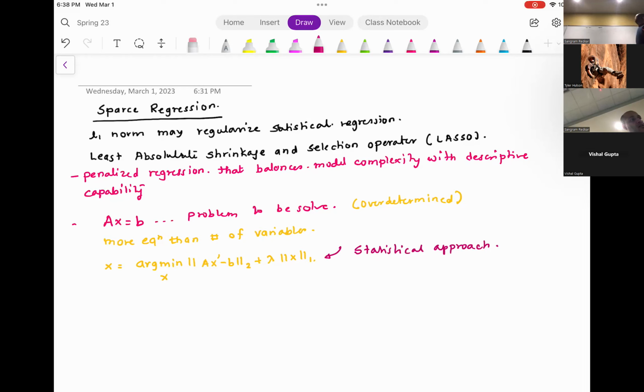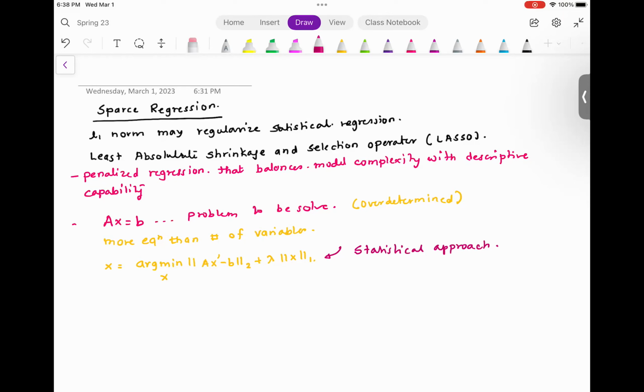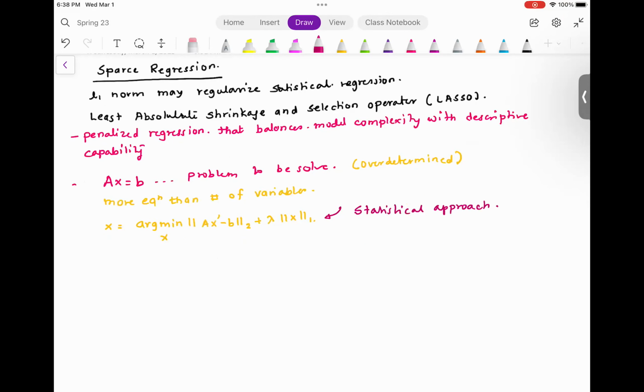So what I'm going to do is show you an example wherein MATLAB will perform the lasso regression. But there's one more point which I want to talk about. An extension of lasso, an extension of sparse regression, is sparse representation.